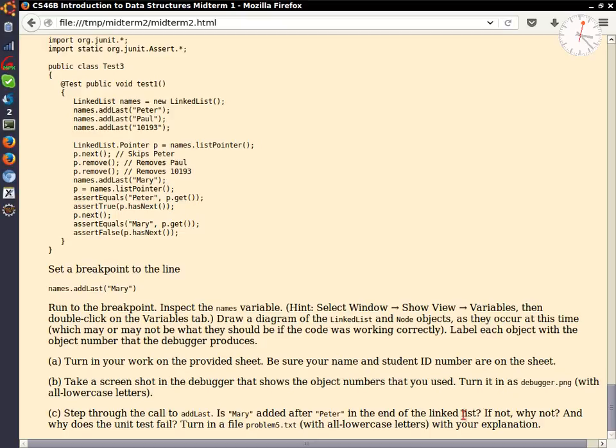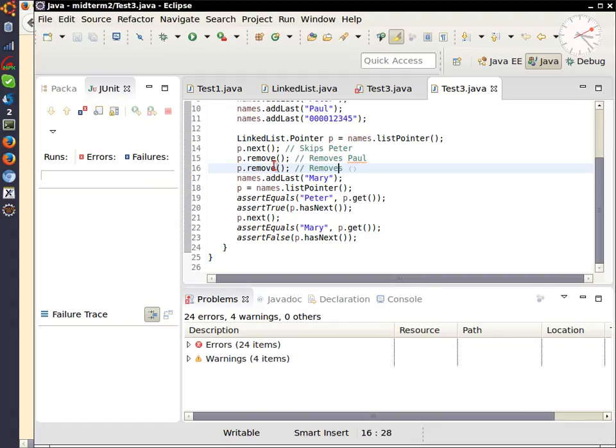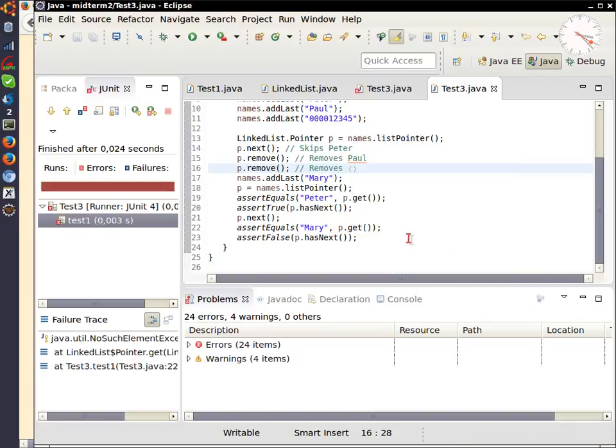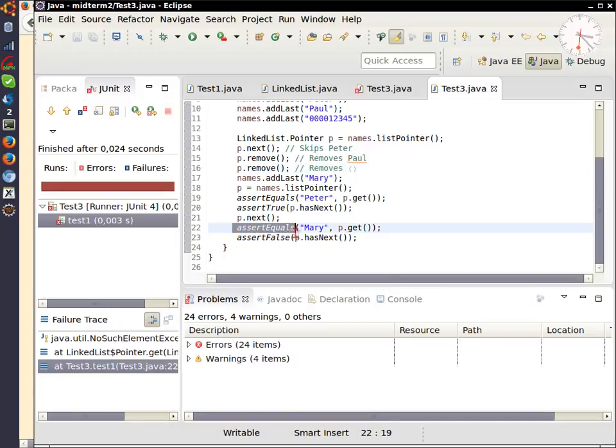And the simple question I had is, why does the unit test fail? Well, let's find out why the unit test fails. Let's run it. And so we notice that the unit test fails in line 22. So it fails in this line, and it fails with a NoSuchElementException. So that's interesting to note.